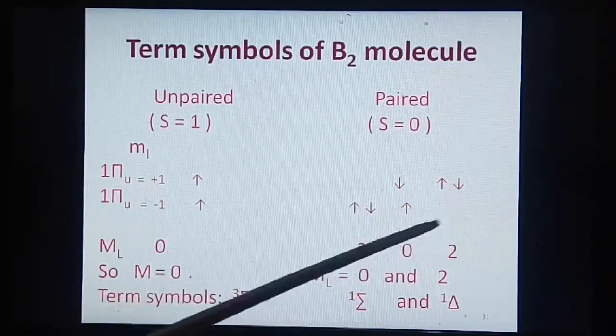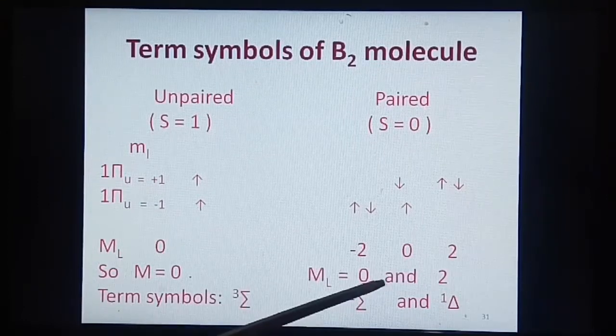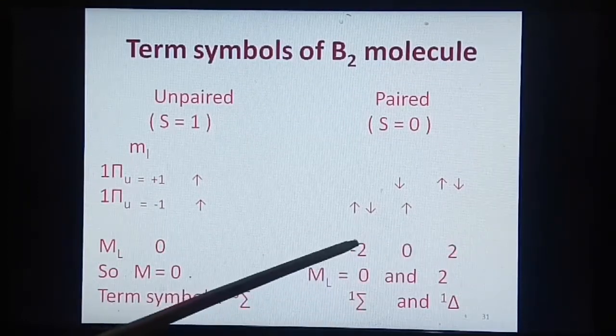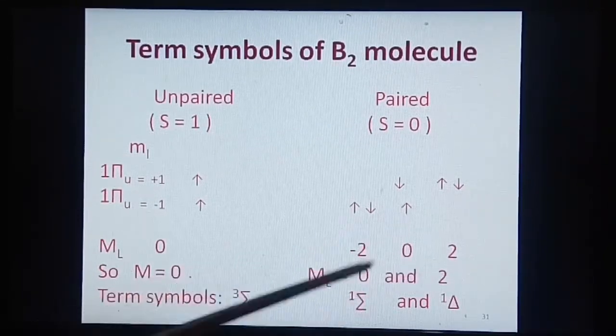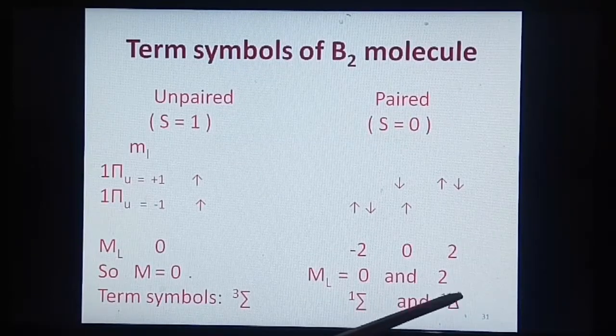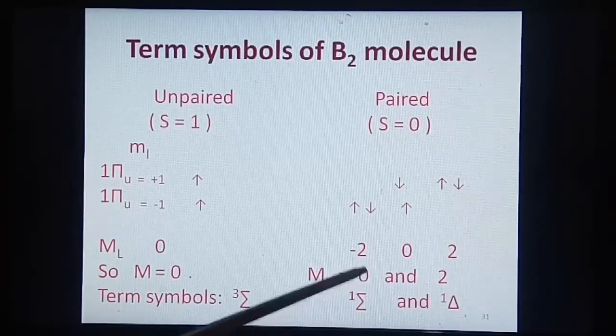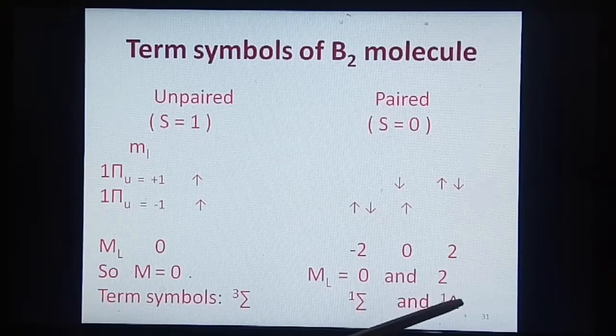So there are two values of ML, 0 and 2. So the term symbol will be 1Σ, because for 0 the symbol is sigma, and for 2 the symbol is delta, so 1Δ.